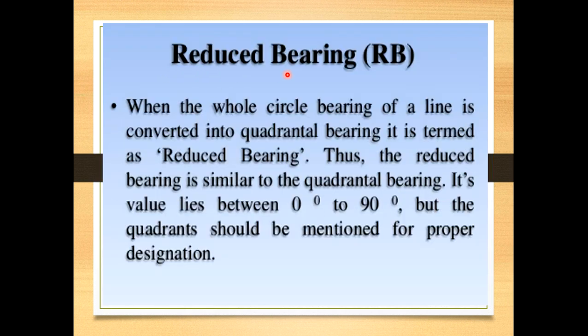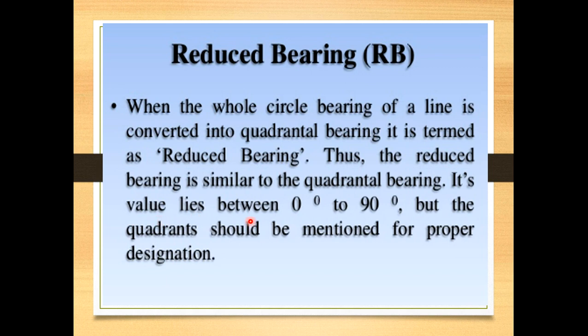Then next is the reduced bearing. When the whole circle bearing of a line is converted into quadrantal bearing, it is termed as reduced bearing. See, what is the meaning of reduced bearing? Thus the reduced bearing is similar to the quadrantal bearing.